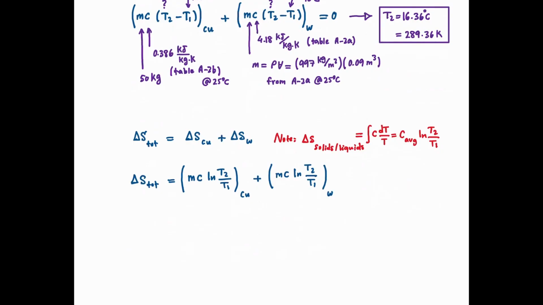So once again, mass of copper is given in the problem statement, 50 kilogram. Specific heat has to be read at average temperature.